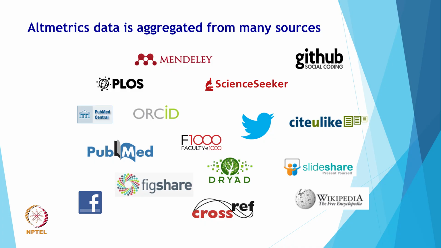Now, altmetric data is aggregated from many sources. There are a number of sources from where this altmetric data can be aggregated. That may be GitHub or Mendeley or PLOS, ORCID, and many other databases, or Figshare or SlideShare, Wikipedia and so on.